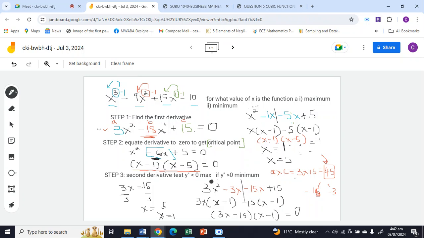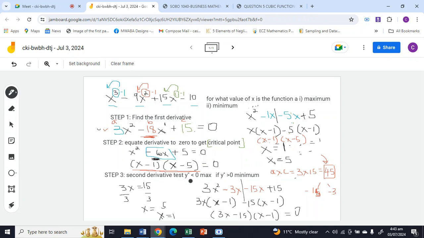So this is where you must remember this law. After you plug in your critical point values, if your answer is less than 0, you have a maximum.